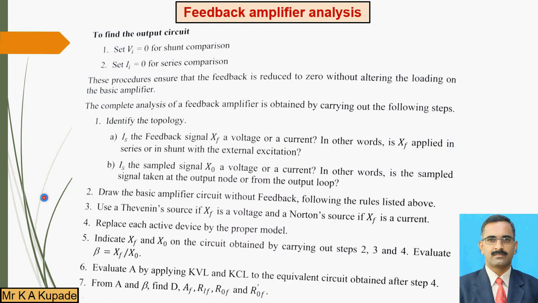Don't consider the feedback loop, only the simple circuitry without feedback, and follow the rules listed above. Depending on the topology and the exact Xf, you consider the basic amplifier and calculate or analyze these points.